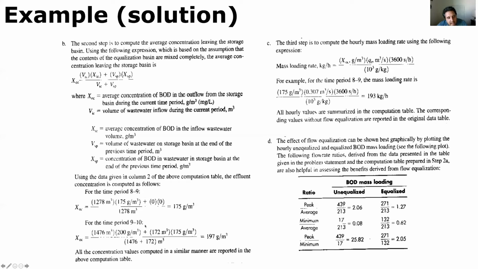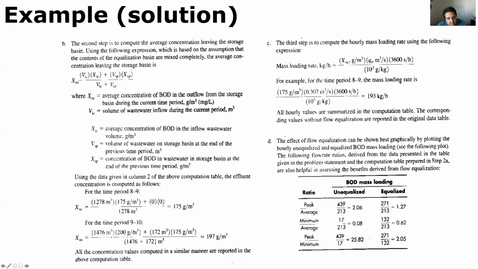To that, we're going to add the mass that accumulates between the hours 9 and 10. And then we're going to divide that whole thing by the total volume in the tank. And that's going to give us a concentration of 197 milligrams per liter, or grams per cubic meter. So you can see that from 8 to 9, our concentration is 175. From 9 to 10, it increases to 197.